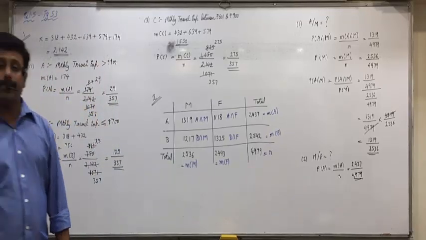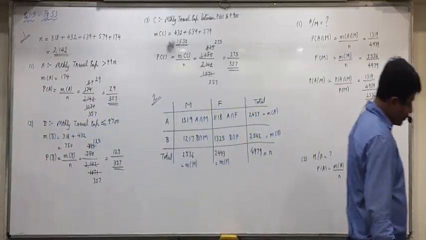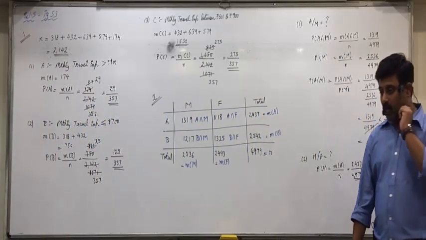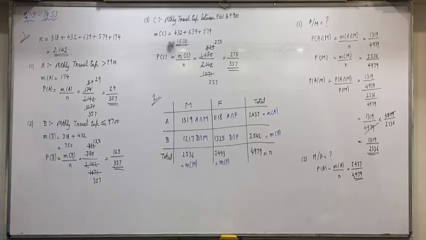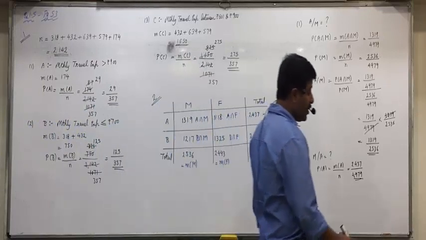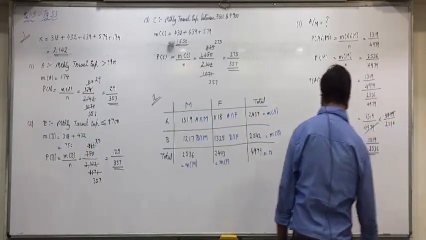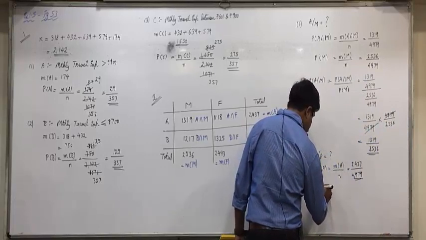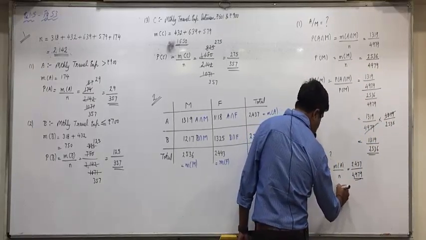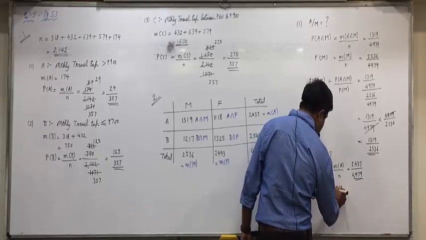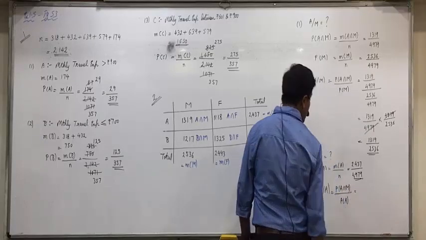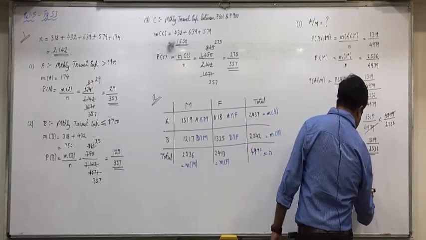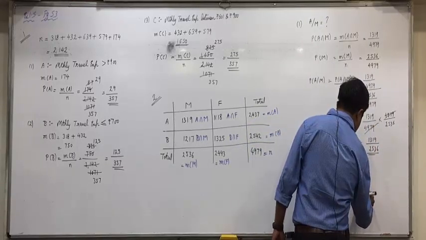Thus the probability that the voter is a male, comma, if he is a supporter of party A, that is P of M slash A, so P of A intersection M upon P of A. P of A intersection M we already obtained, 1319 upon 4979.